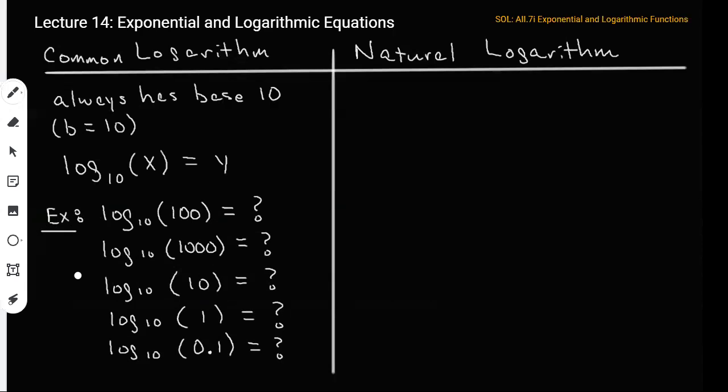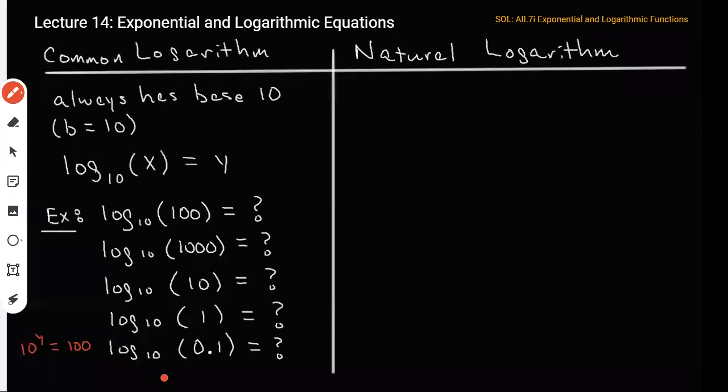So remember, in a common logarithm, it's always going to have base 10. That's always going to be your base. So the first question is asking, if the base is 10, then what exponent do I need so that when I raise that to the exponent y, I get 100?